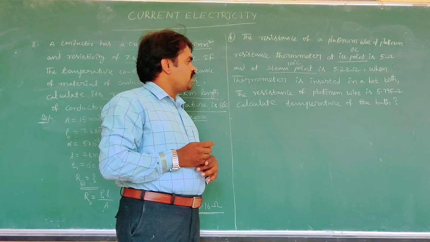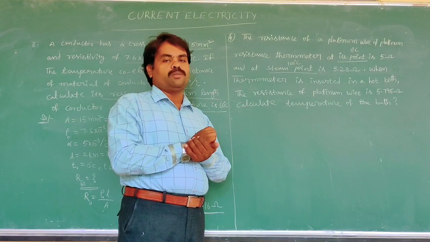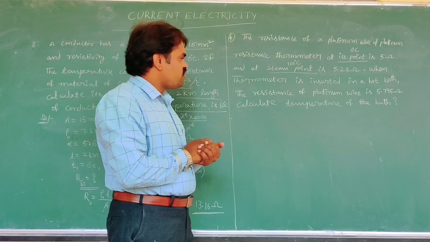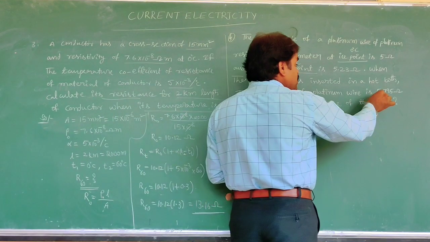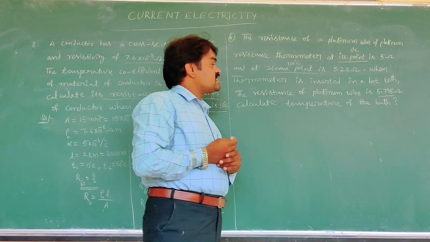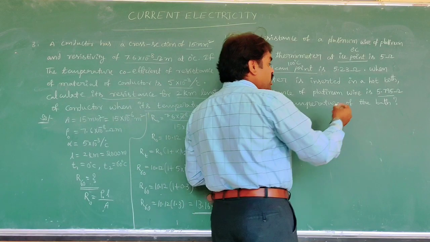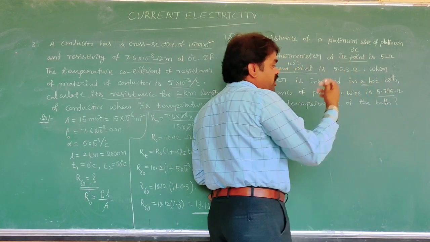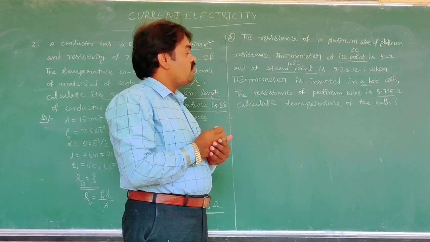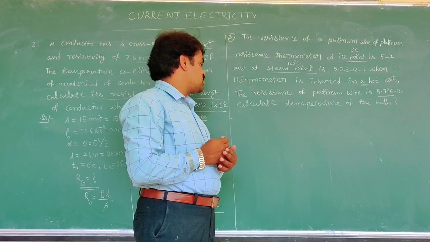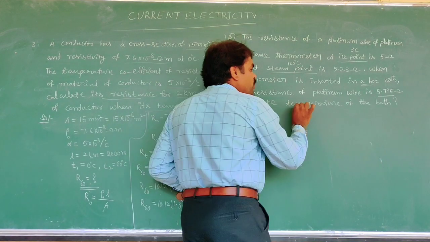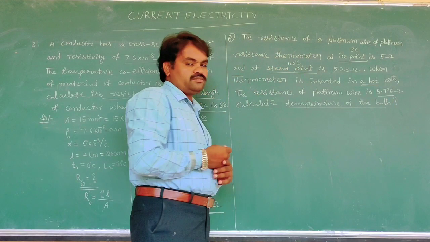When the thermometer is inserted in a hot bath, the resistance of the platinum wire is 5.795 ohms. They gave the resistance at the hot bath, we don't know the temperature. Calculate the temperature of the hot bath.